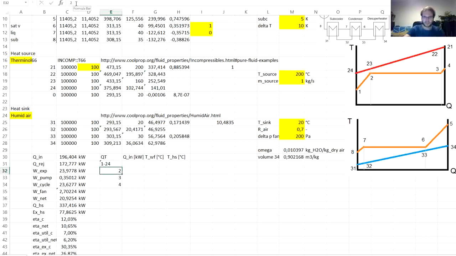This point 2 corresponds to point 23. Point 3 corresponds to point 22, and point 4 corresponds to point 21.